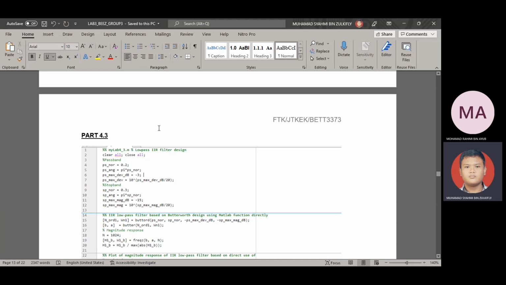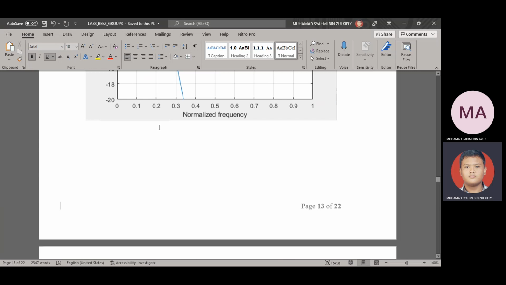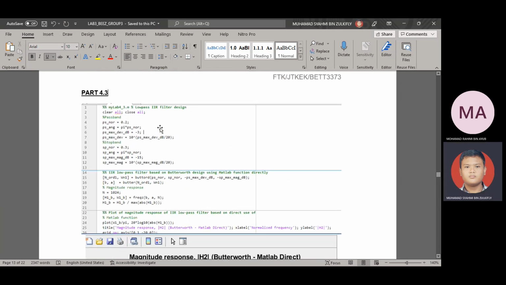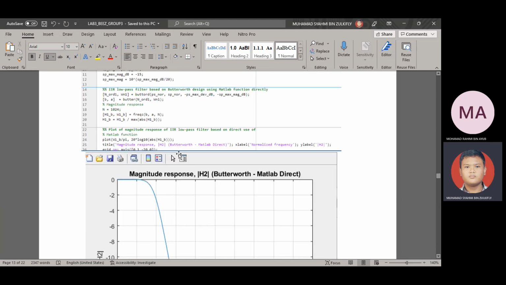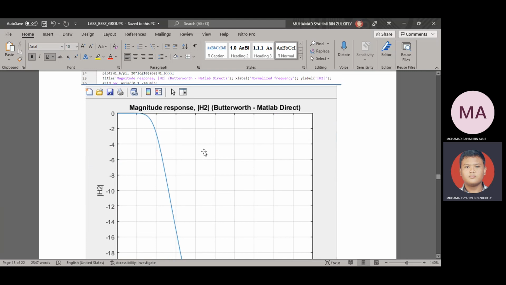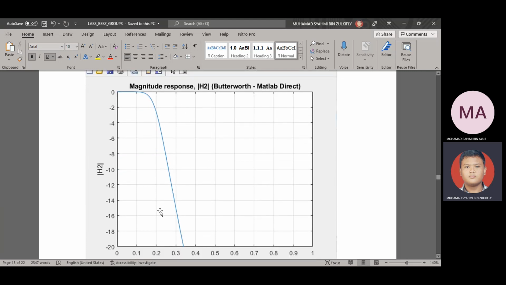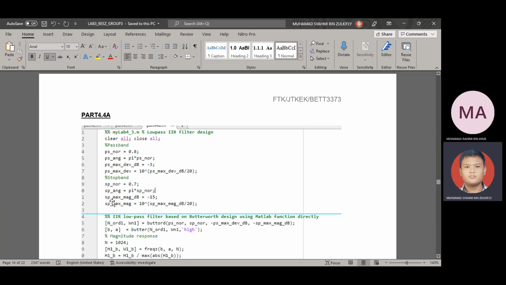As you can see, in this part 4.3, there is a bit of a difference in the parameters that we set, and the parameters that we set in this coding are similar to 4.2, and the graph that we get is like this. Okay, for the next part is 4.4.